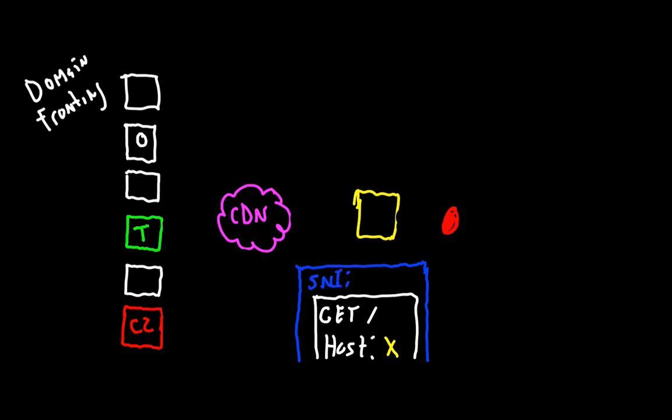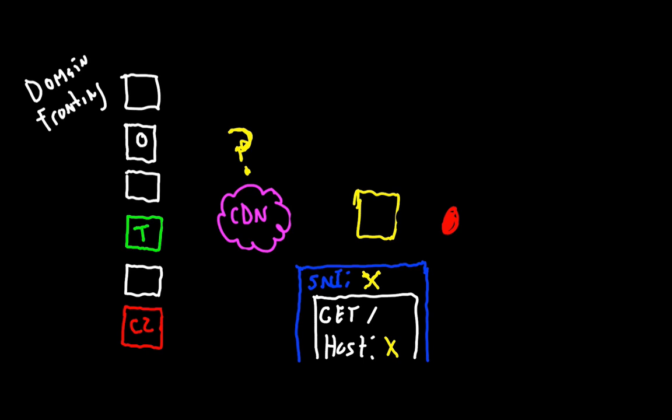This field has the host the request is bound for. The Server Name Indication field is something that a CDN can look at to determine where should the request go, or it's something else that the CDN can look at to try to normalize.